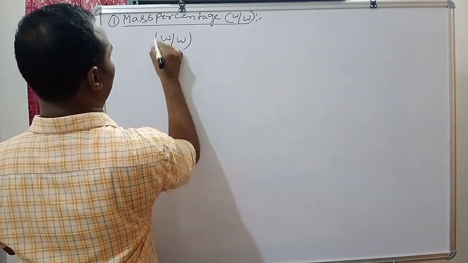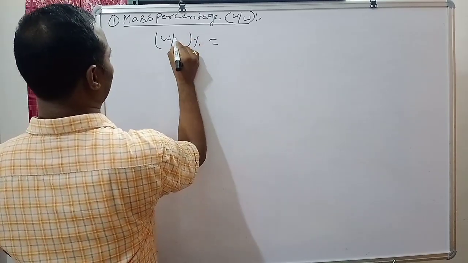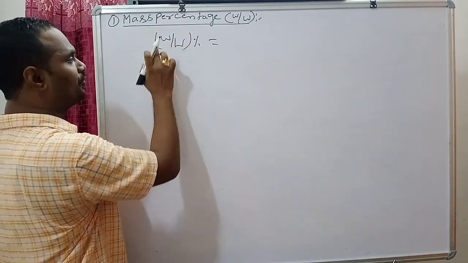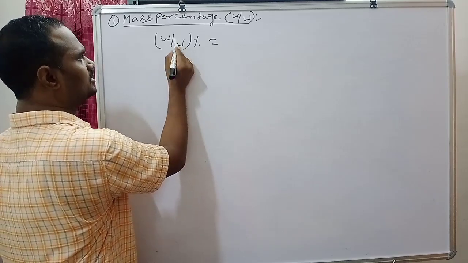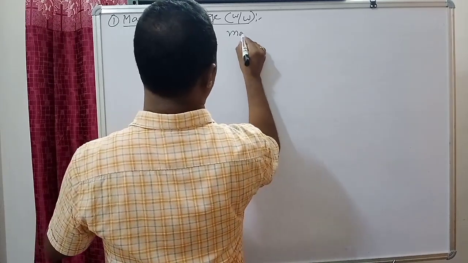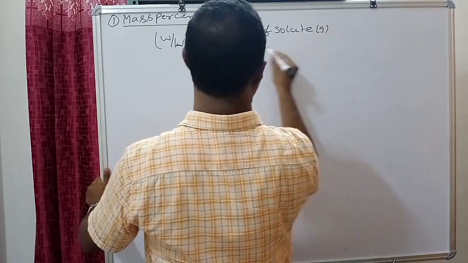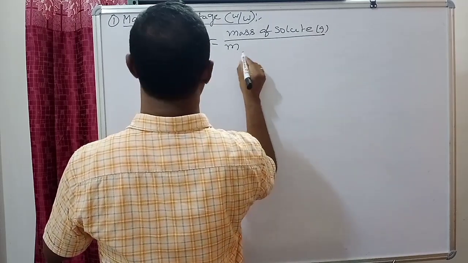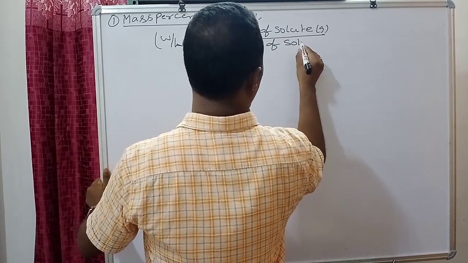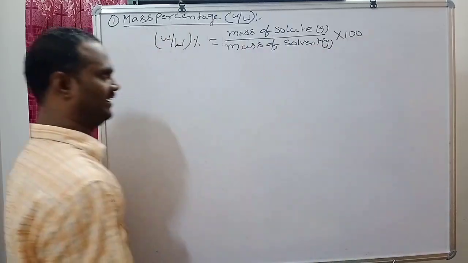Mass percentage formula W by W: mass of solute, or mass of one component, by total mass, into 100.